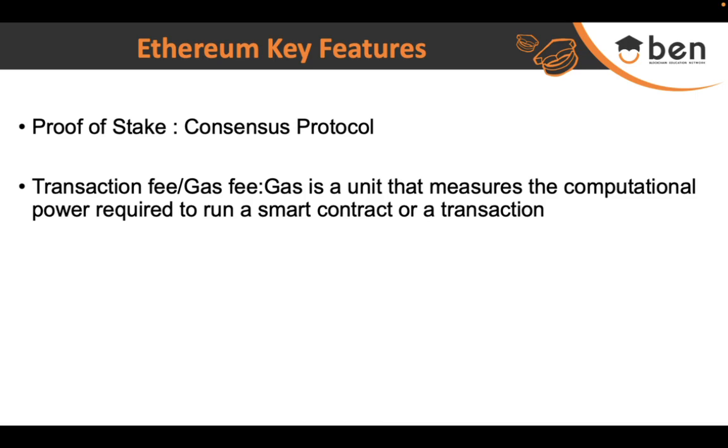But all these are counted as new transactions. And we know that in blockchain, since all the data has to be copied in all the nodes, a transaction is a costly affair, and in order to maintain the integrity, there is a fee which is incurred by every transaction, and that fee is particularly known as the gas fee or the transaction fee in the case of the Ethereum blockchain.